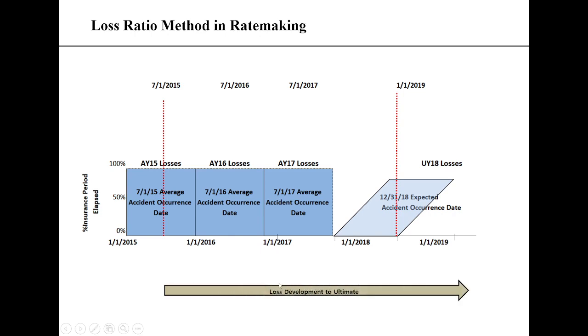So I trend, oh, sorry, this one is for the future trend. And first, based on the basic technique, I want to develop any losses that occur here to get to the ultimate. But that has nothing to do with the future average accident date.